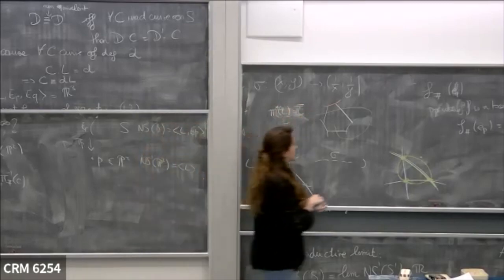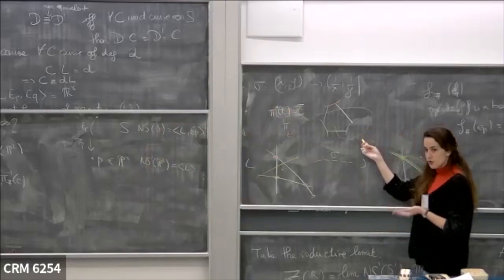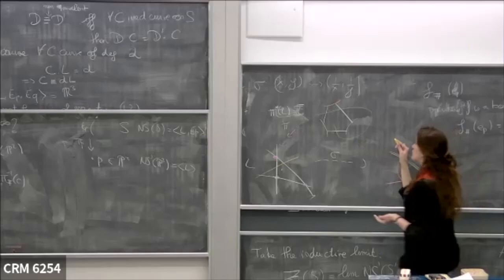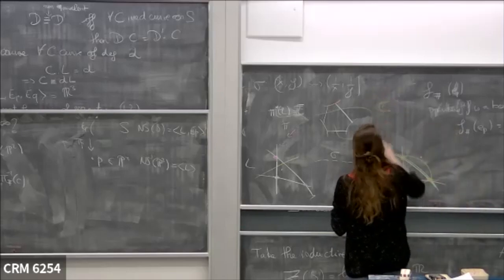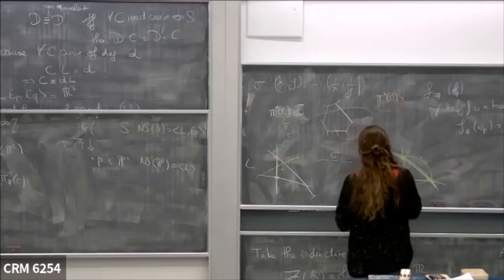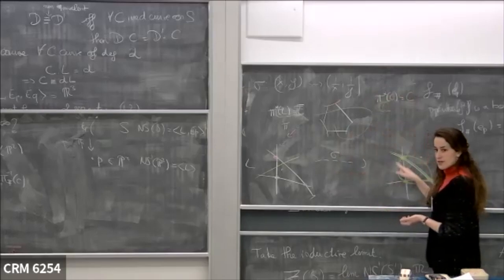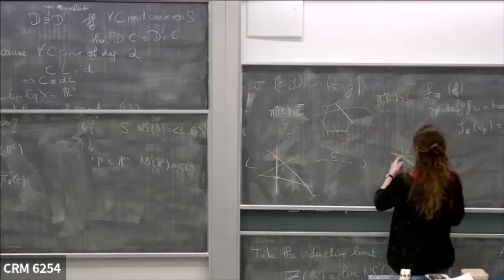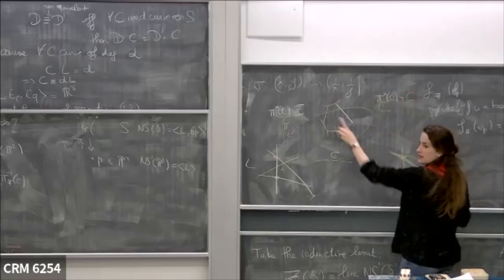But now from this side, the yellow curve, which is the strict transform, is not the total transform. So let's say the total transform is the yellow curve plus the 3 exceptional divisors of the inverse. We have blown up this point, this point, and this point, that correspond to these 3 lines.